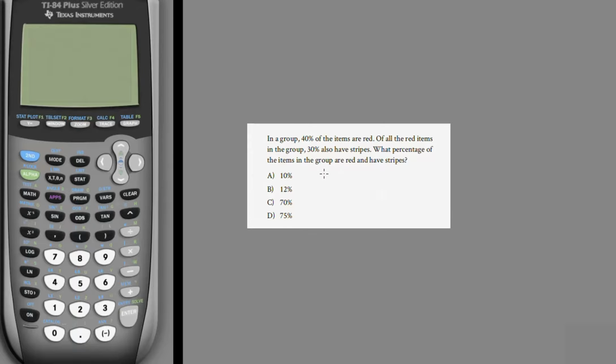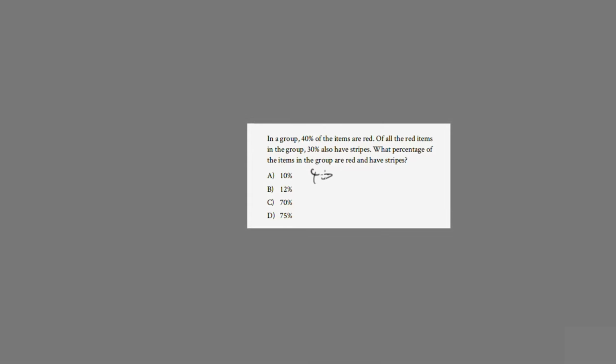Now 40%, I don't think you need a calculator to solve this. 40% is something like 0.4 of the total items. 40% of items are red, so 0.4 of all the items. We don't know the total number of items, so let's call it x. 0.4x. Okay, that's 0.4 of all the items, x representing all the items.